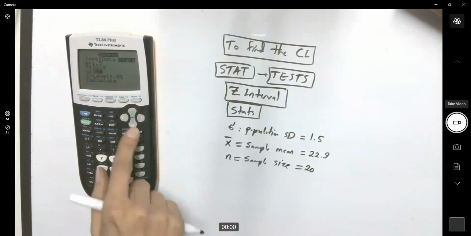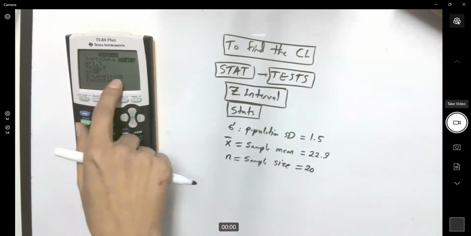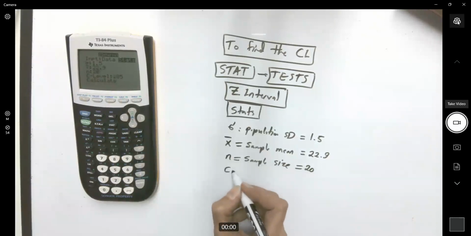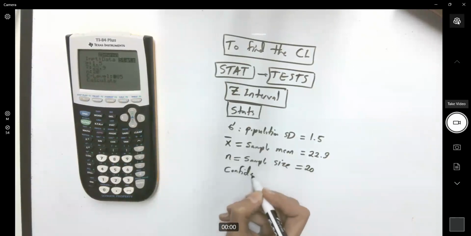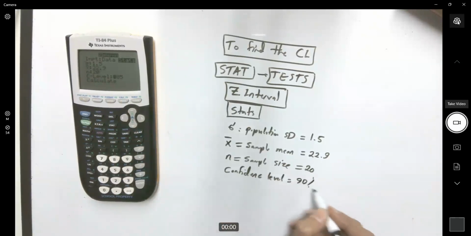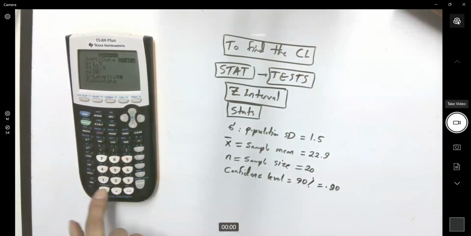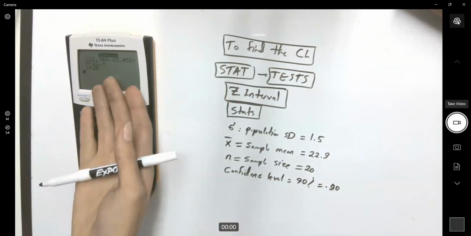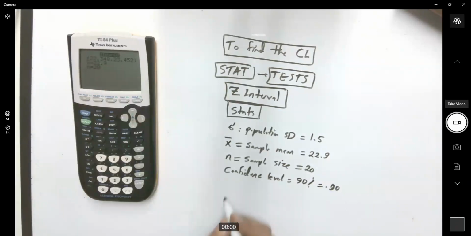Okay, let's enter 20. What is the C level? What is the confidence level? The confidence level in this example was 90%, which is 0.90. Then calculate. Here we go. You have your confidence interval.